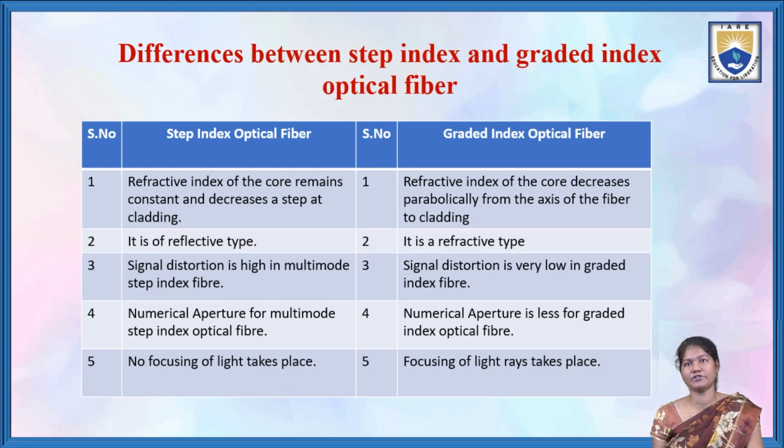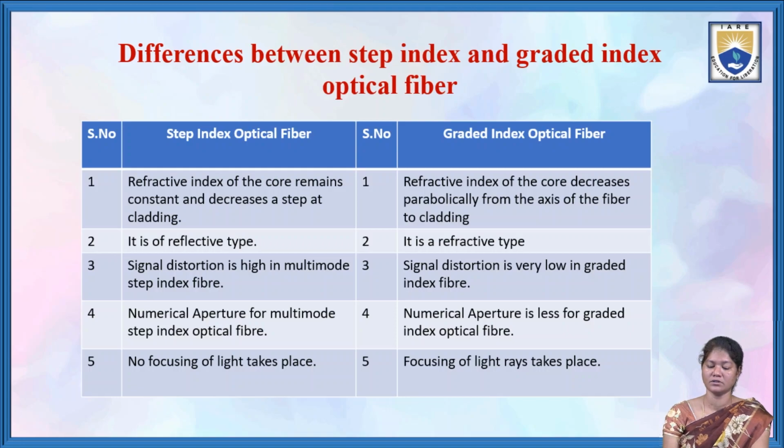Then coming to the differences between step index and graded index optical fiber. Firstly, in step index optical fiber, the refractive index of the core remains constant and decreases in a step change at the cladding interface.